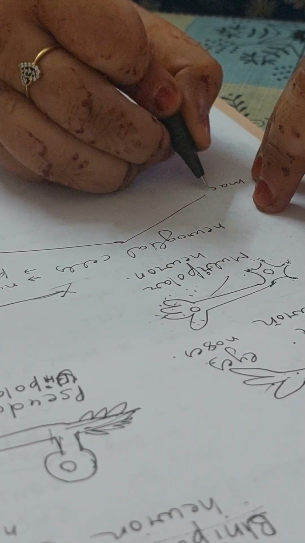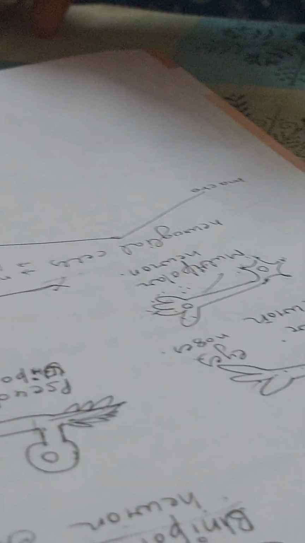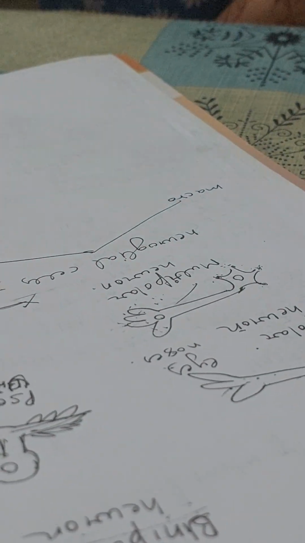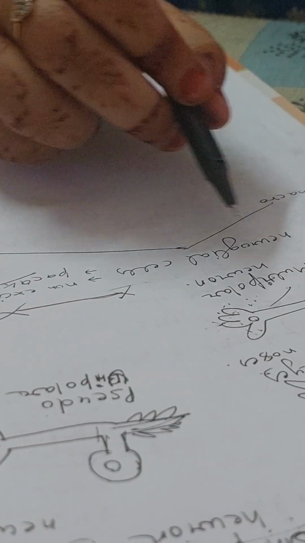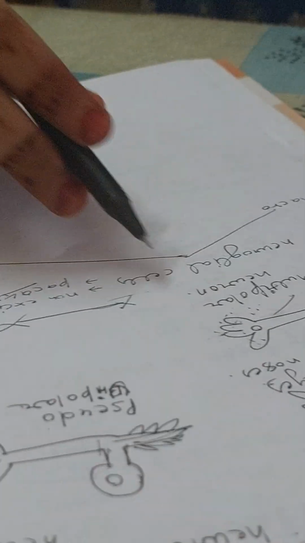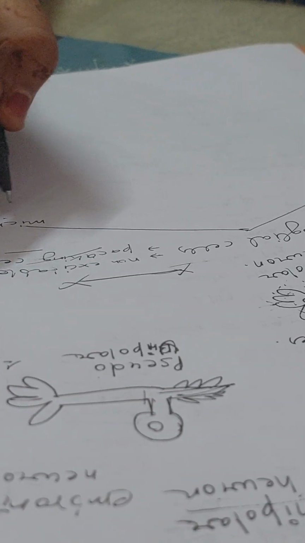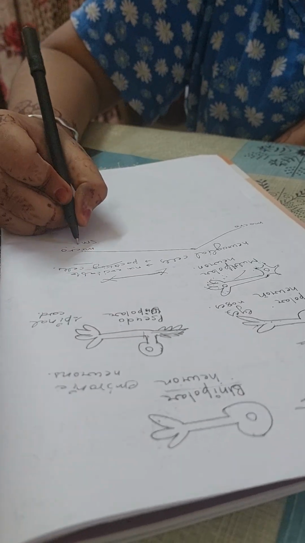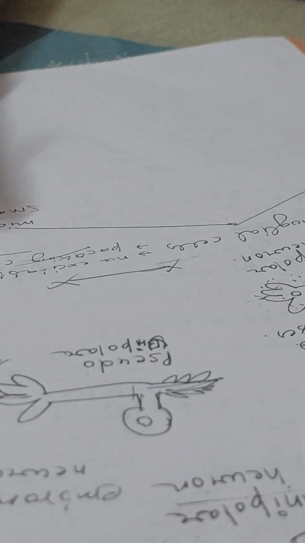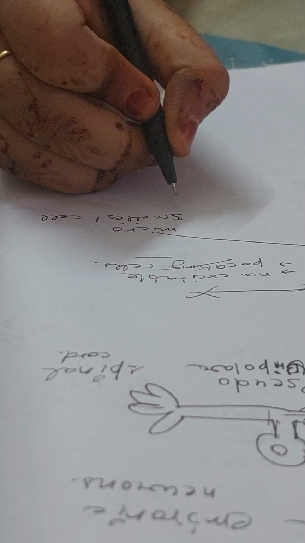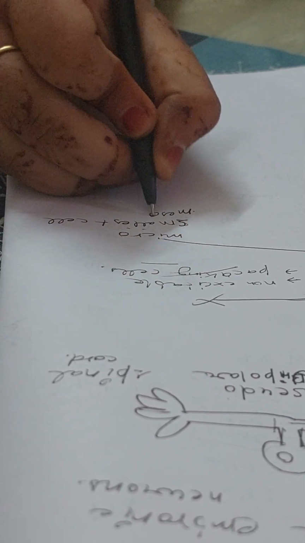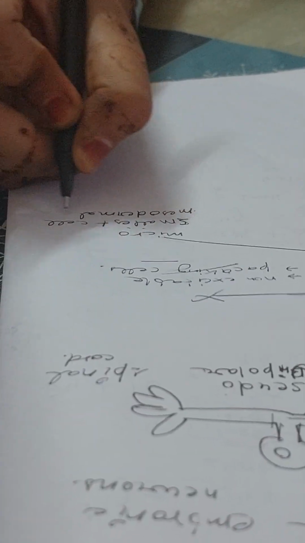Neuroglial cells are of two types, macro and micro. Microglial cells are the smallest cells and are of mesodermal origin.